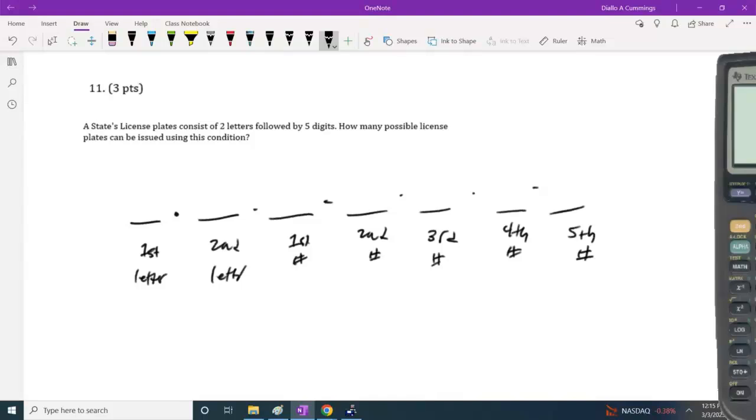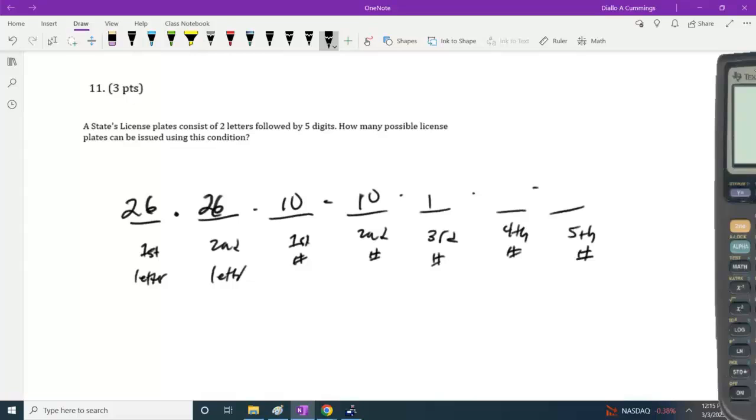For this first character, how many letters are there to choose from? 26 choices. For the second letter, there should be how many choices? 26. What about the numbers? 10, right? If you count on your hands, 0 through 9, all together, that's 10 digits.